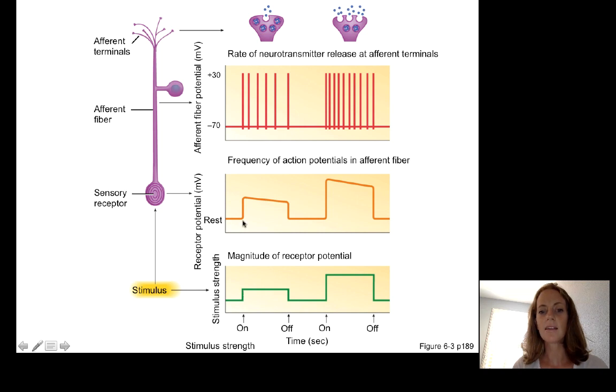Smaller stimuli, smaller graded potentials will lead to a lower frequency of action potentials. Larger stimuli, for example more pressure, more light, more sound, will be converted into larger receptor potentials and then into high frequency, very fast release of neurotransmitter, very fast action potentials in the afferent sensory neurons.